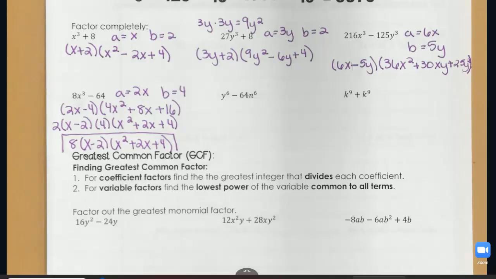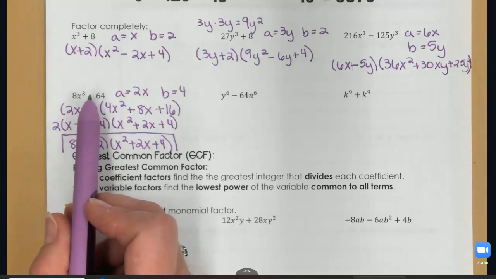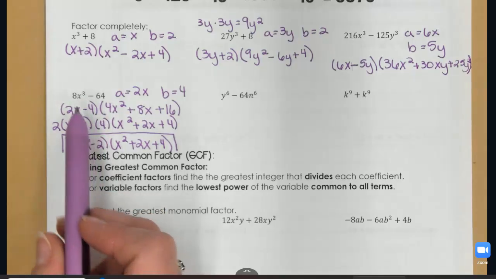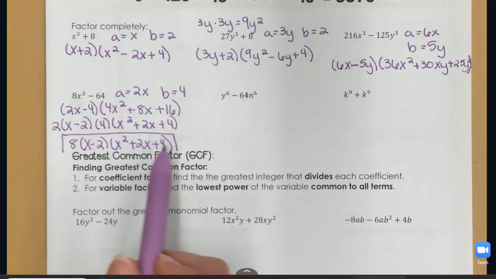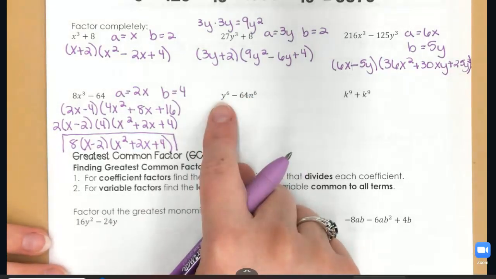Now, if I had recognized from the start these two terms, 8x to the third and 64, have a common factor of 8, I could take that out from the start, and then I would not have to do this middle step. But even if you miss it, you need to make sure that if you end up with common factors that you factor completely.